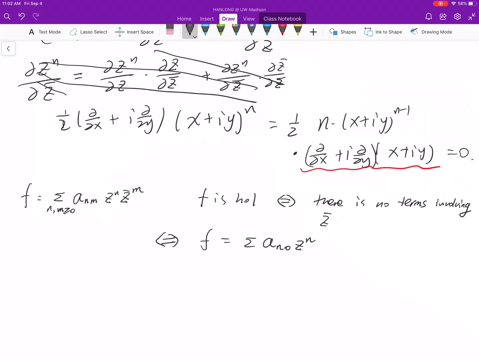M must be 0 for the coefficient to be non-vanishing, or a_{nm} equals 0 for all m greater than or equal to 1.